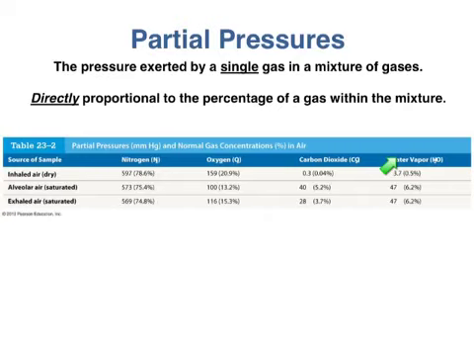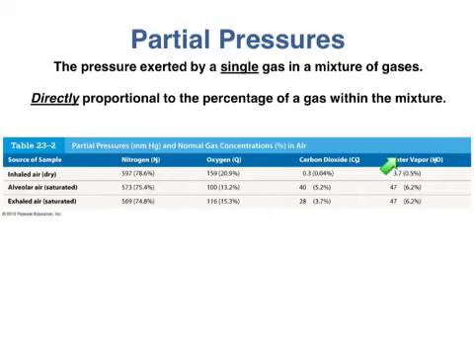So like I said, as a quick and dirty shorthand, you can think of it as the concentration of that particular gas within the mixture of gases. And the reason I think it's useful to think of it as a concentration of the gas is because then you can take what you know about concentration gradients to think about partial pressure gradients.